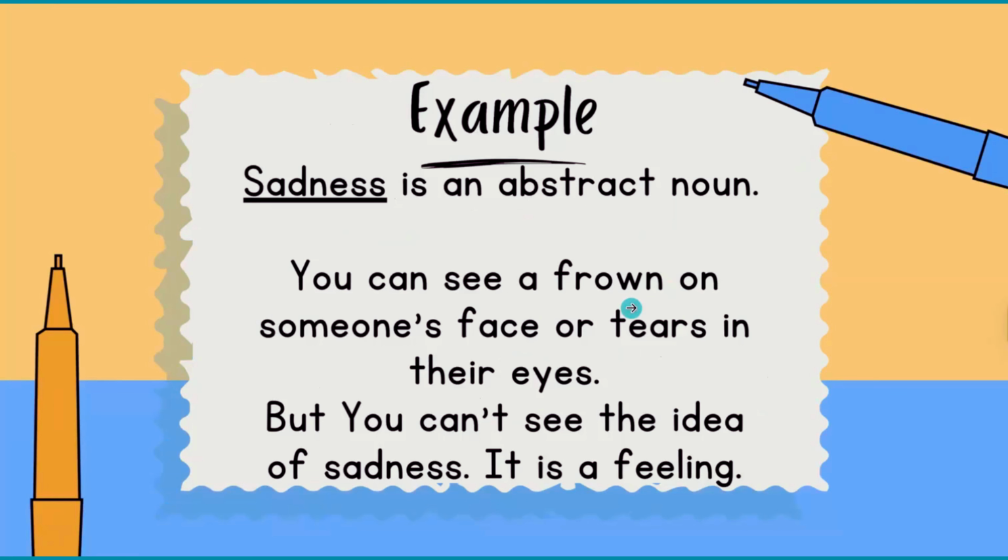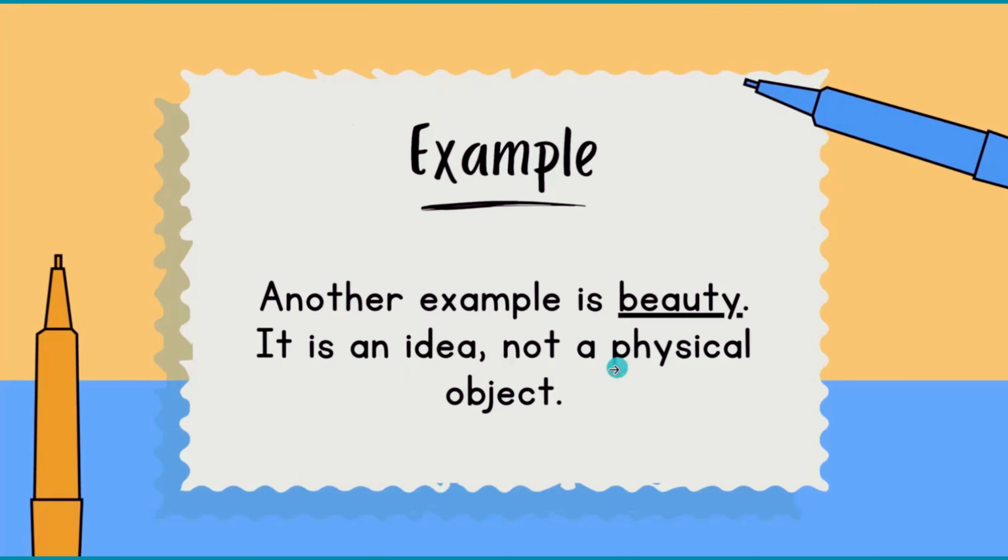We can see a frown on someone's face or tears in their eyes, but we cannot see the idea of sadness. It is absolutely a feeling. Another example is beauty. It is an idea and it is not a physical object.